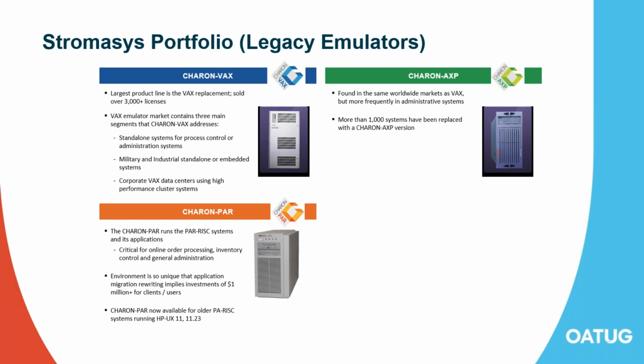Then we decided to add a new product that just came out called Charon-PAR 9, which is for the older HP-UX systems, such as HP-UX 11.11, 11.23, and it's just the PA-RISC HP 9000 that we're dealing with here. We're not dealing with any Itanium boxes, but currently we do have something for the older HP-UX, and like I said, the MPE operating system with Charon-PAR.